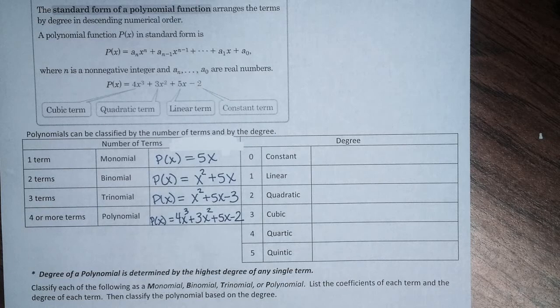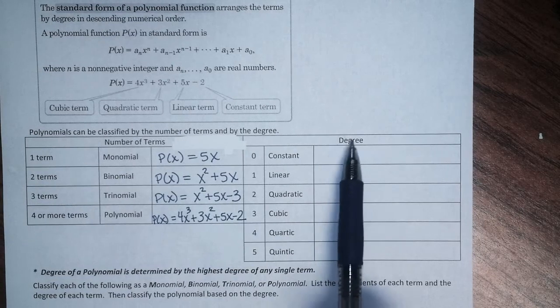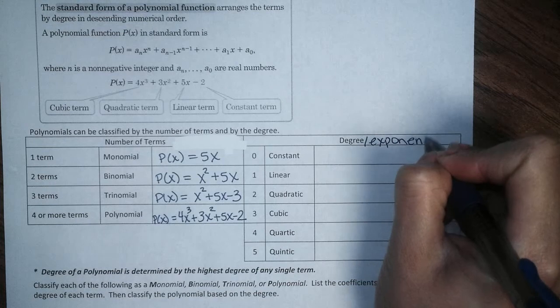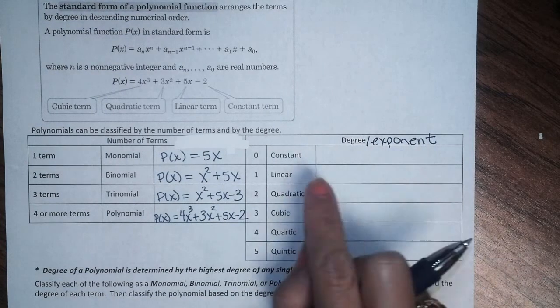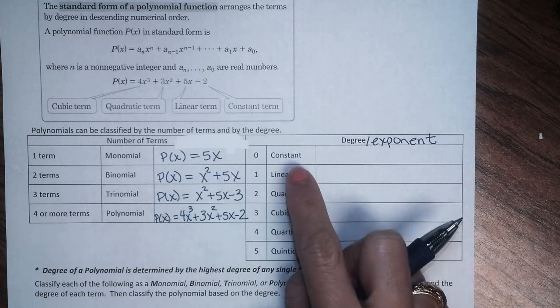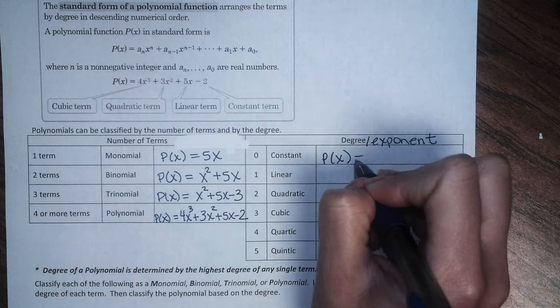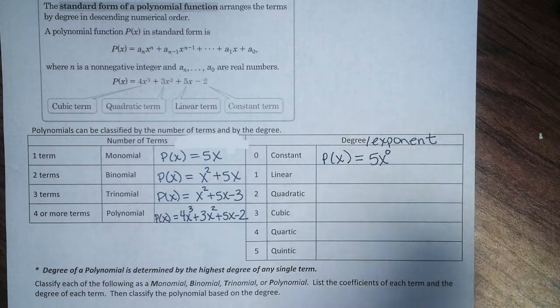The other vocabulary that you need to know, I guess the last one, is that polynomials also have a name by degree. Degree means the exponent. So, for example, if the exponent is 0, your polynomial will be called a constant. Let me give you an example. So p of x, let's say I give you 5x to the 0.